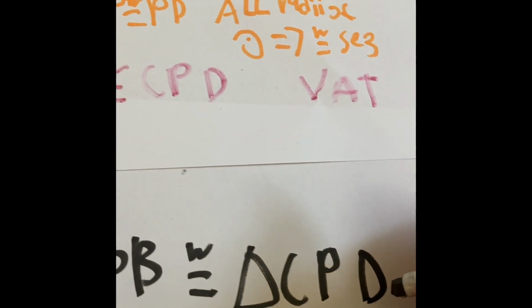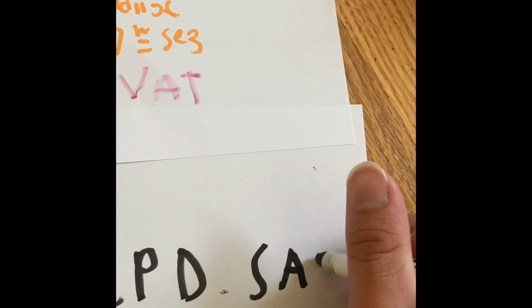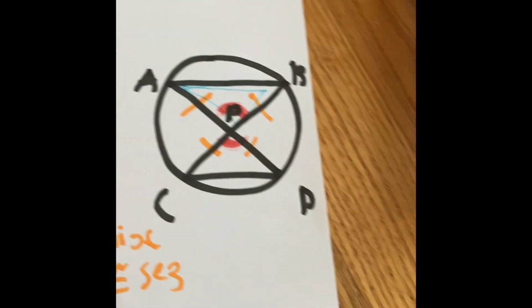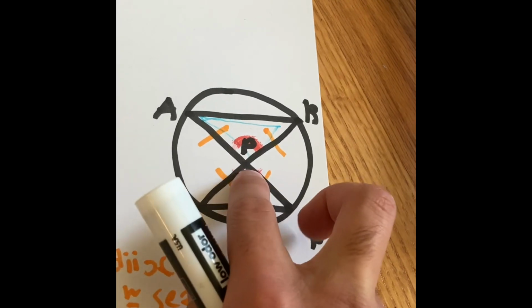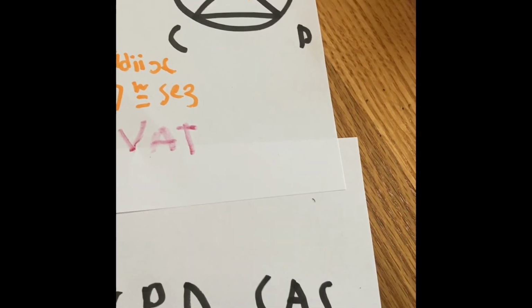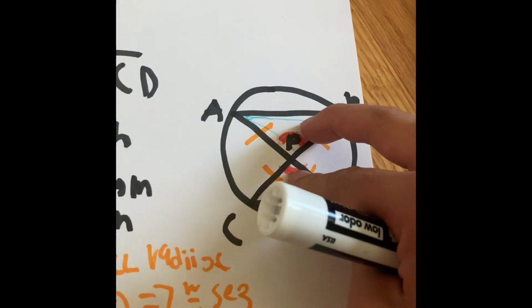The reason is we have a segment, an angle, and a segment. So we can say segment, angle, segment: SAS. So now we have proven that these two triangles are congruent.